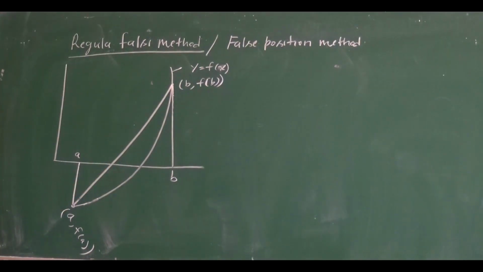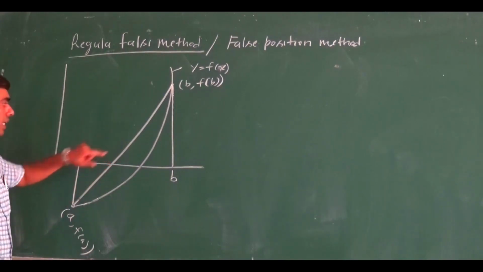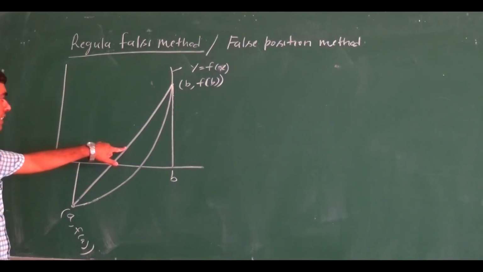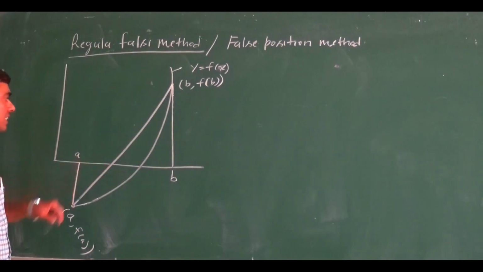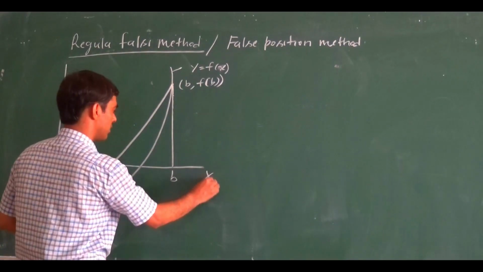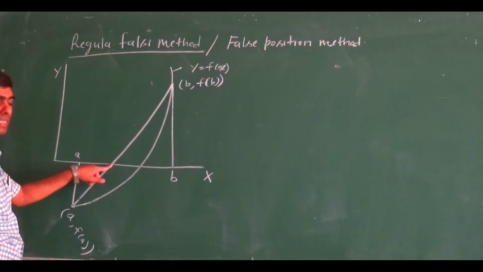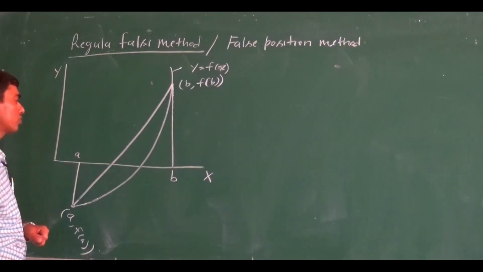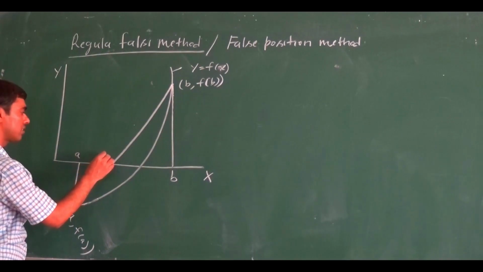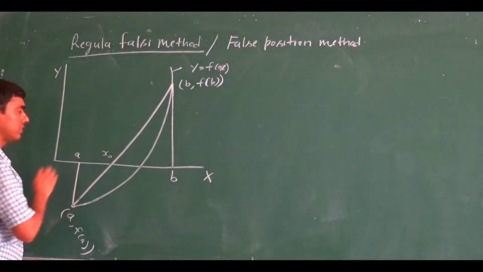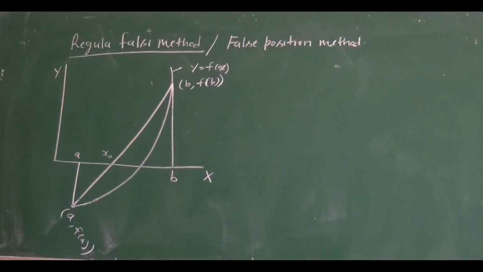Then find the equation of this straight line. Then the point of intersection with the x-axis is the first approximate value. Suppose this is x0.